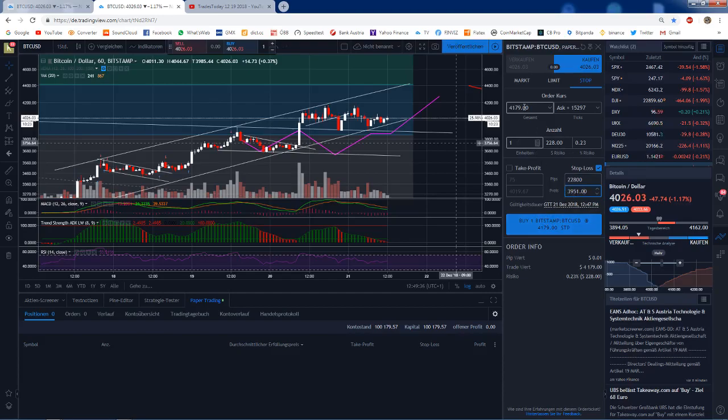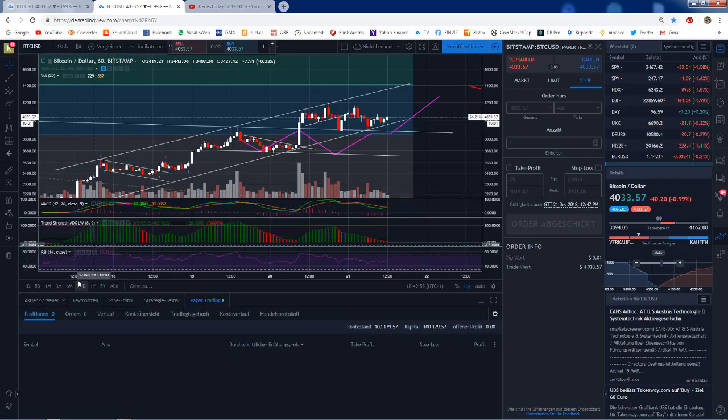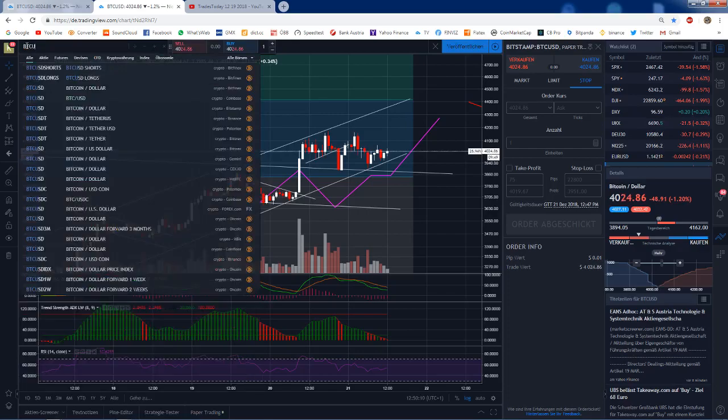Stop is below the entry. So, come on. Why wouldn't it take it? Well, what? Where is it? Buy. That's interesting. Okay, if we go to maybe Bitfinex.